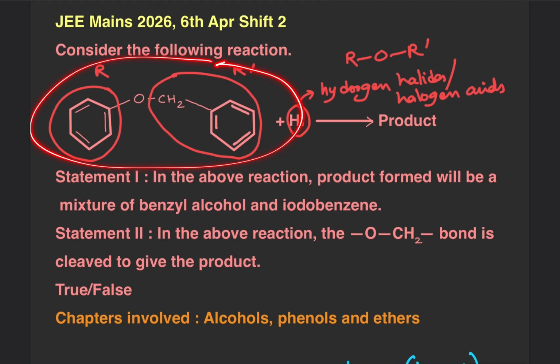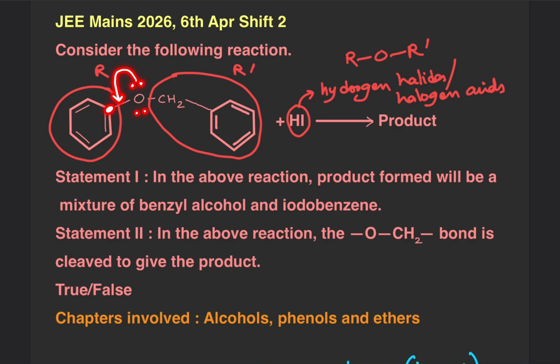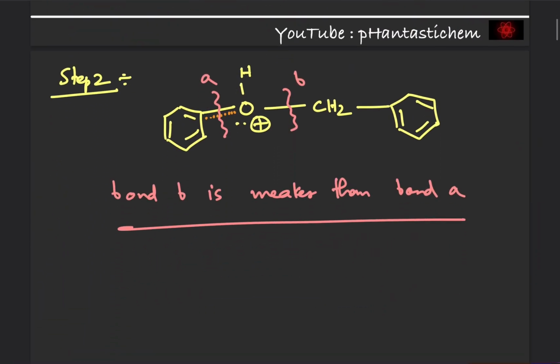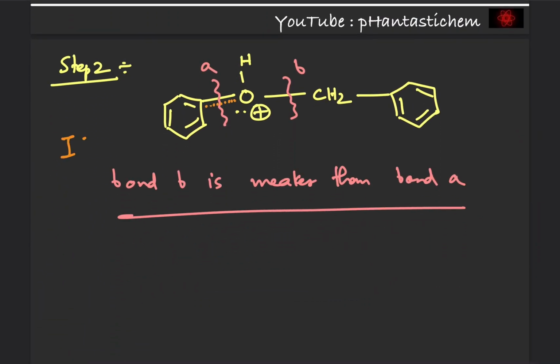This is due to the resonance between the lone pairs of electrons on the oxygen atom and the sp2 hybridized carbon atom of the phenyl group. You can see these are the lone pairs, and these electrons can form a pi bond there, because of which there is a double bond character due to resonance. Therefore the attack by I minus ion exclusively breaks the weaker B bond and not the A bond.